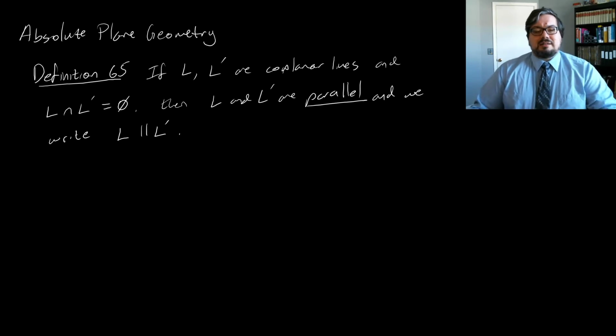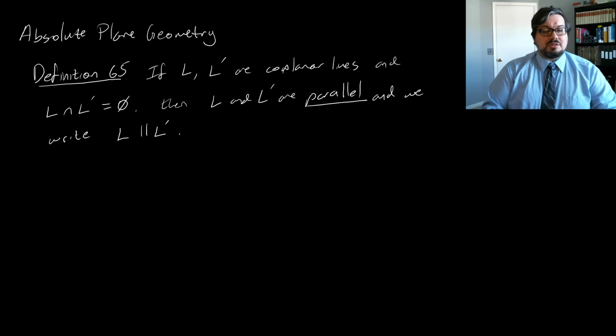So we've got a notion of parallel lines, and a lot of what we're going to be working on today is talking about what we can conclude when we have parallel lines and how we can know when two lines are parallel.